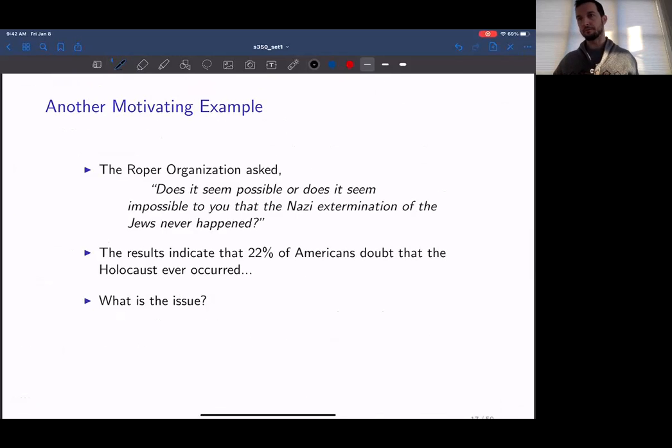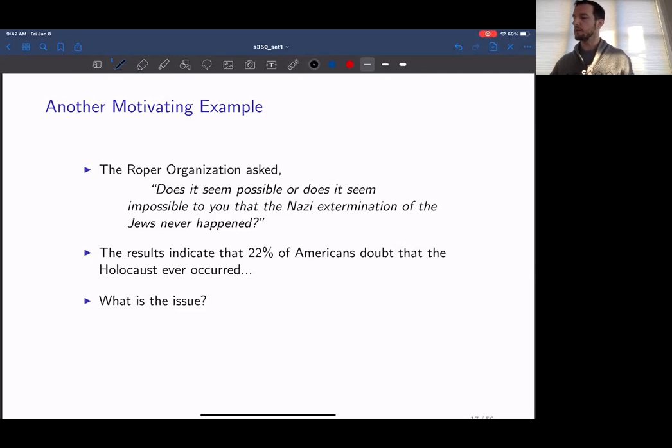For example, let's consider this question asked by the Roper organization. So it's a different example now. We have one question on the survey. It's basically a yes or no question, which I think most of us would argue is not overly time consuming. So probably it's fair to say that the response rate would be very high in this particular case.